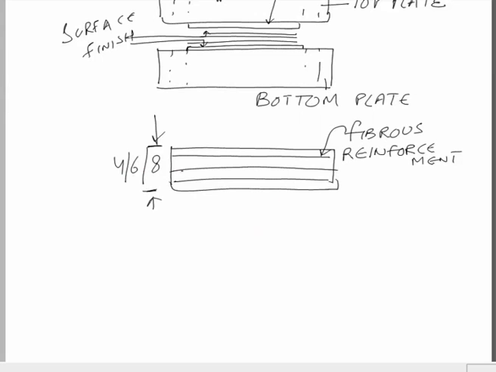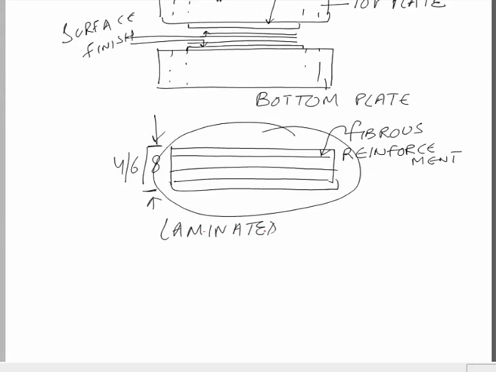So, different layers, and this total is called a laminated composite. So, what are the main constituents of this? The main constituents are the fibrous reinforcement and the polymer matrix.